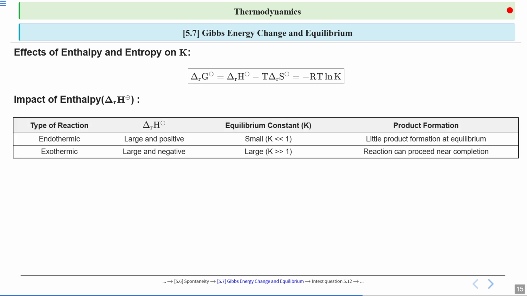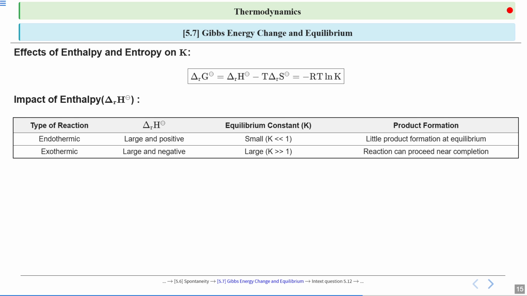If your reaction is endothermic, which is large and positive, then your K value will be less than 1. You can see it from here. If you have a greater value of delta H, then you will get minus RT ln K equal to positive. That means RT ln K is negative, or K is less than 1.